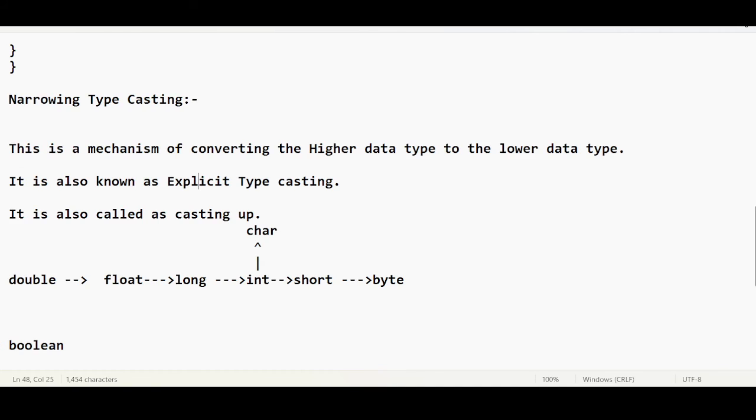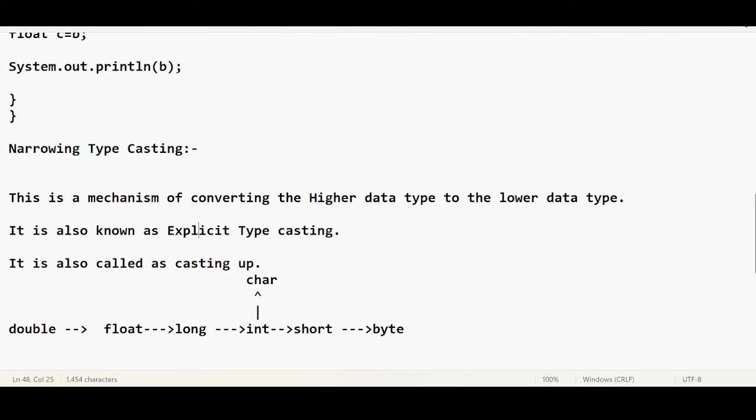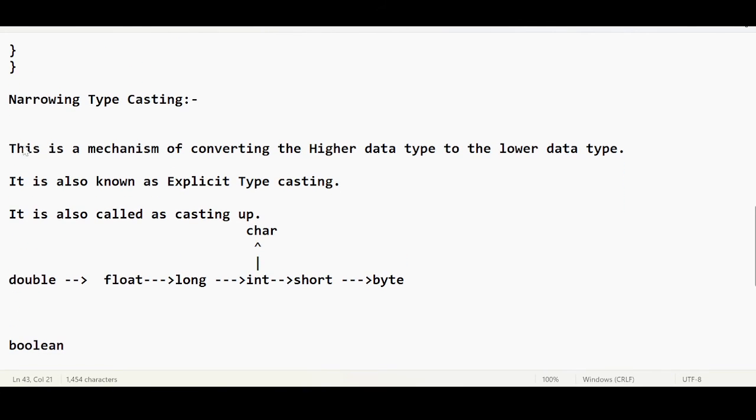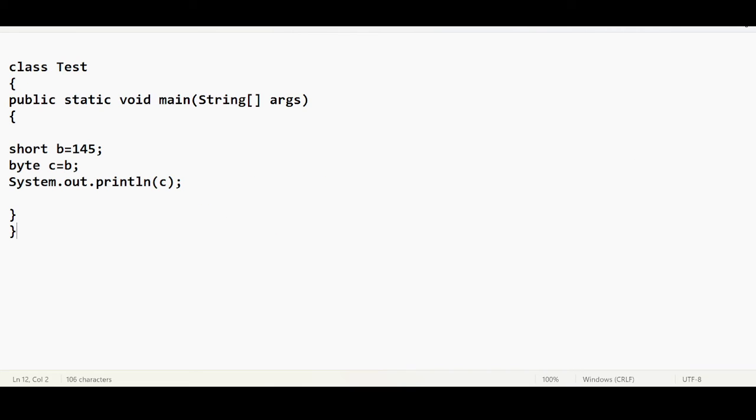But when you look back at the theory about the concept of narrowing typecasting, narrowing typecasting is a mechanism of converting a higher data type to a lower data type. Right? So how do we achieve this? When this theory is valid, this should be valid. Yes or no? But I need to ensure that the compilation is successful.